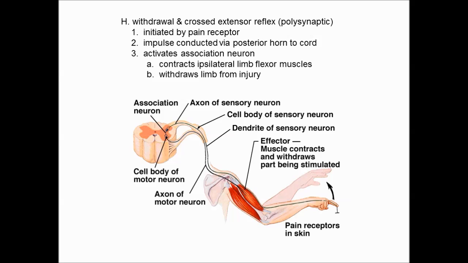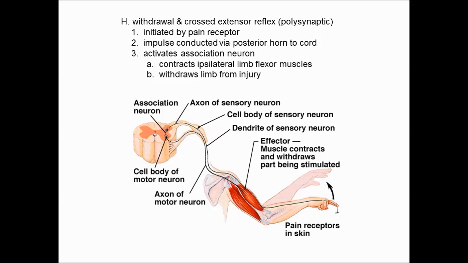The first part of this is a withdrawal reflex, and then we'll talk about the crossed extensor reflex. This is the thing I think we think of mostly when we think of reflexes. If your hand touches something hot, or if you cut yourself with a pen or a knife or something, you, by reflex, move that limb from the injury site without even any thought, and that's a classic reflex.